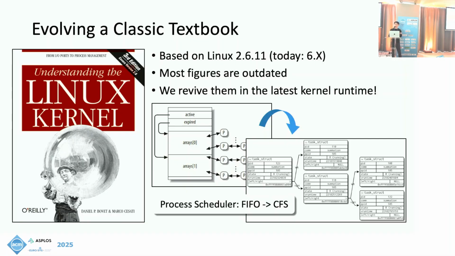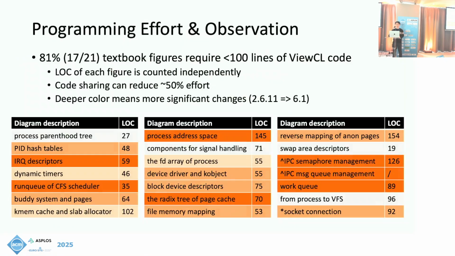However, it is based on Linux 2.6, and most of its figures and contents are outdated today. So we revive some representative figures in the latest kernel runtime to show that Visual Linux is able to handle various kernel components.